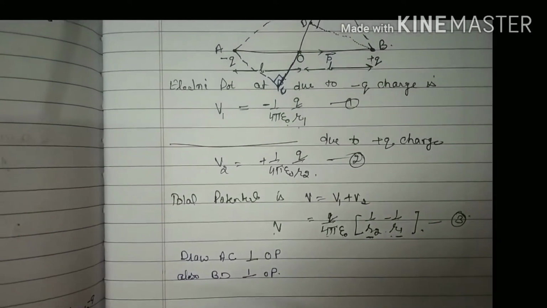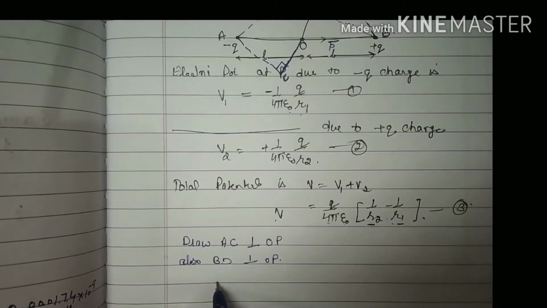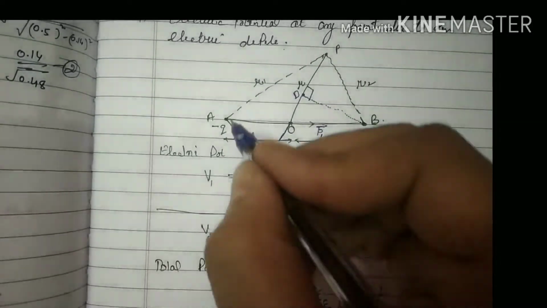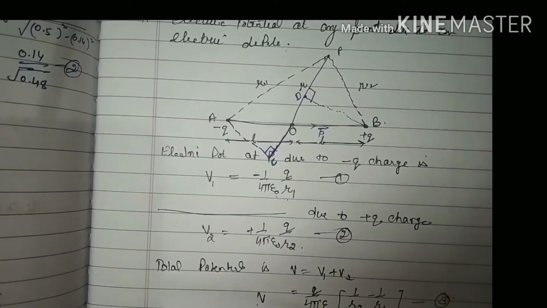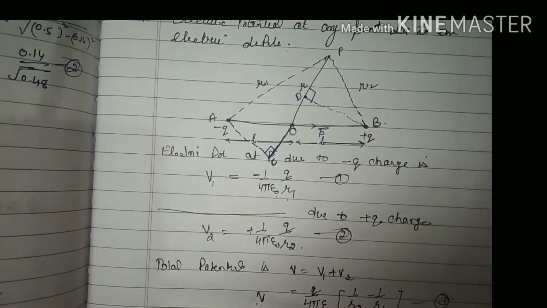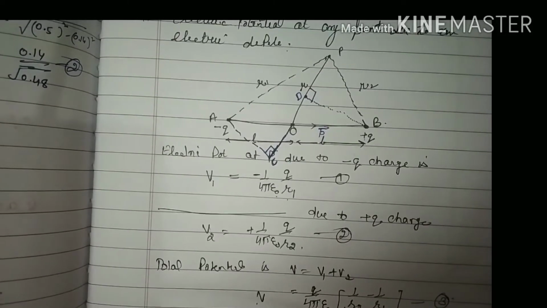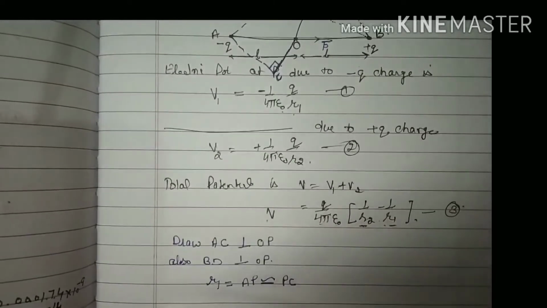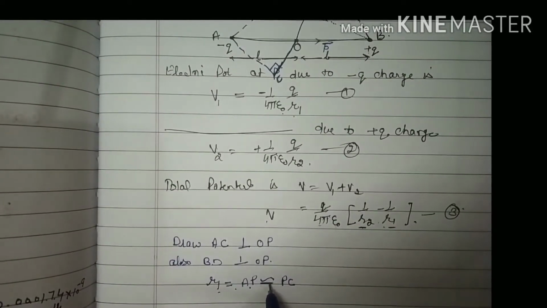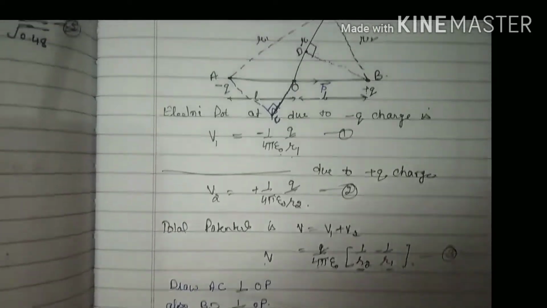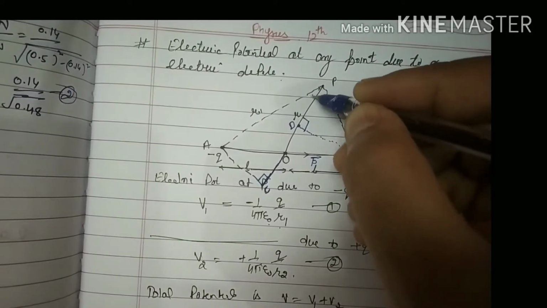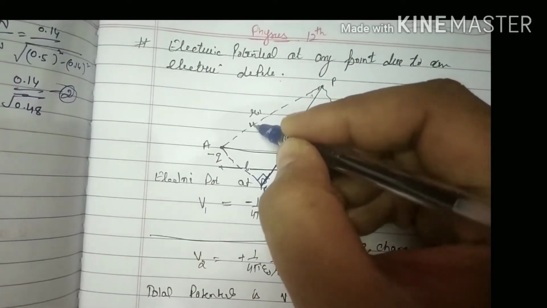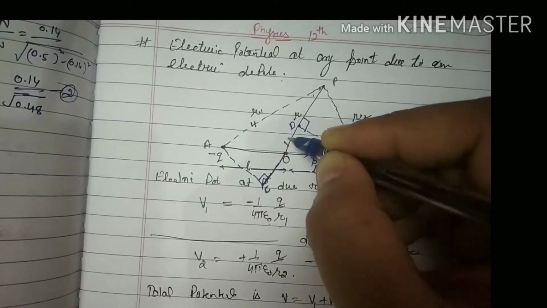Now you see this R1 is equal to AP, which is approximately equal to PC. If this angle is very, very small, then this AP becomes equal to PC.